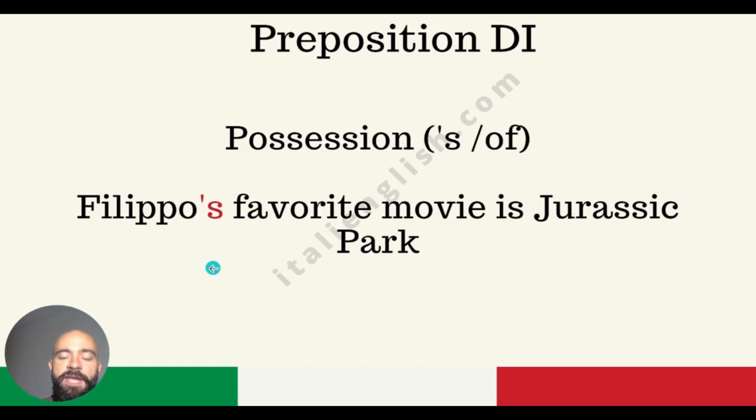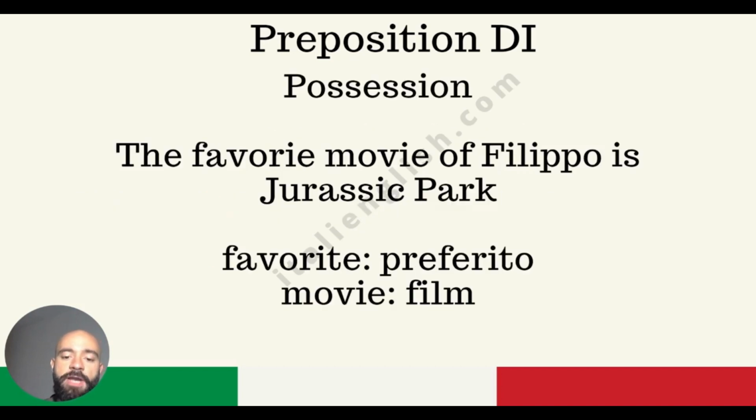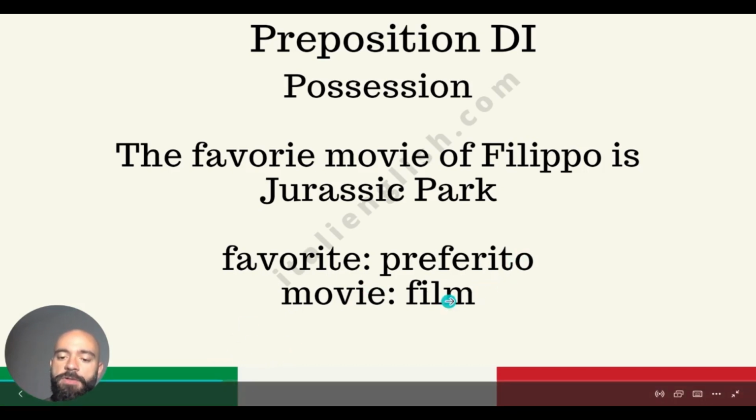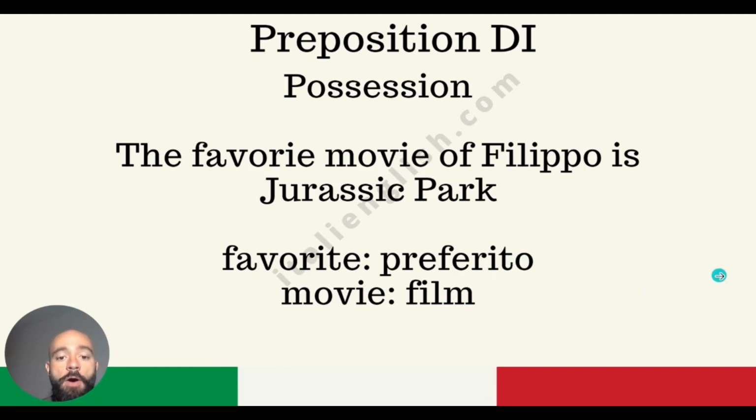Filippo's favorite movie is Jurassic Park. Let me give you some vocabulary. Favorite is preferito, and movie is film, which, by the way, is masculine. It's not straightforward masculine because it doesn't end with O, but trust me, it is masculine. Okay, so come up with the translation of this sentence, please. I will give you some seconds or minutes.